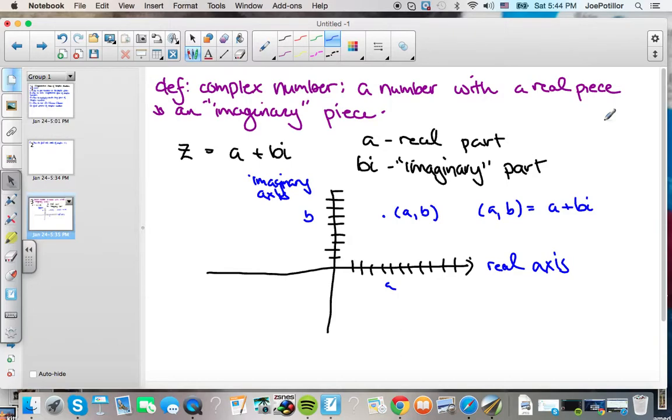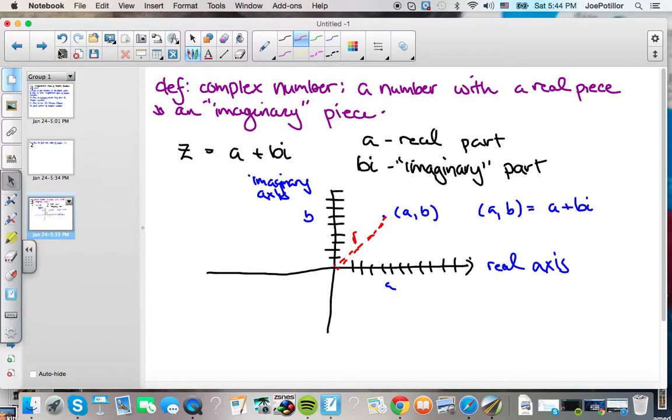And this distance, you'll notice it forms a line like this. We'll call that distance R. And that R represents what we call absolute value or modulus.